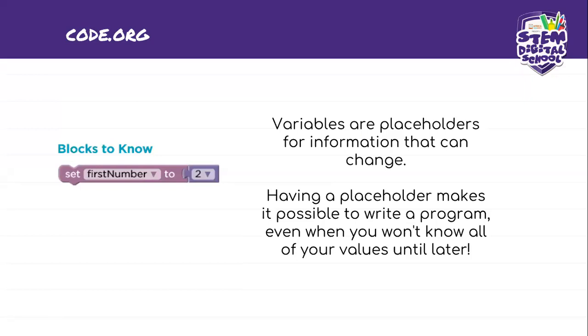We can name our variables and we can assign values to them. And here we can see we've got an assigned value of 2. Having a placeholder makes it possible to write a program even when you won't know all of the values until later. So we can write everything beforehand, and then only later we can assign certain values.